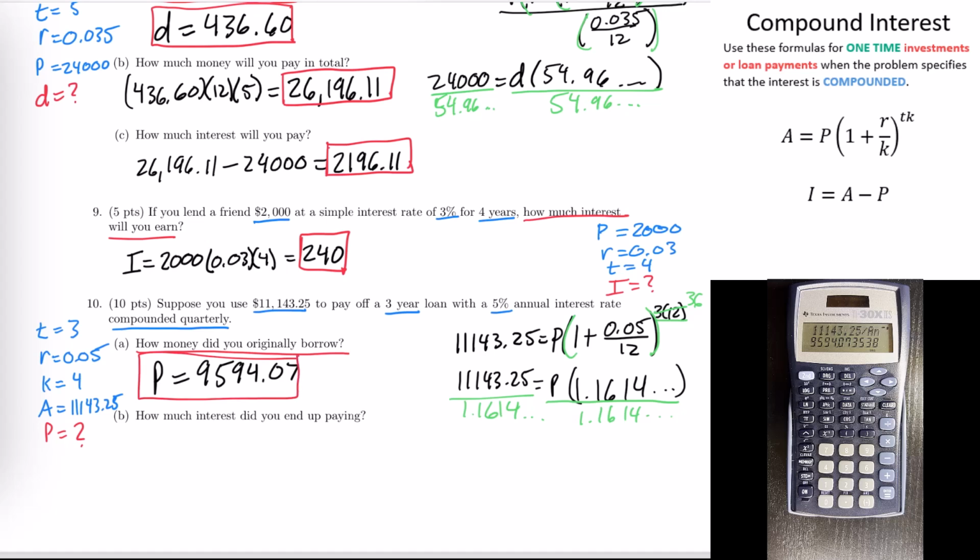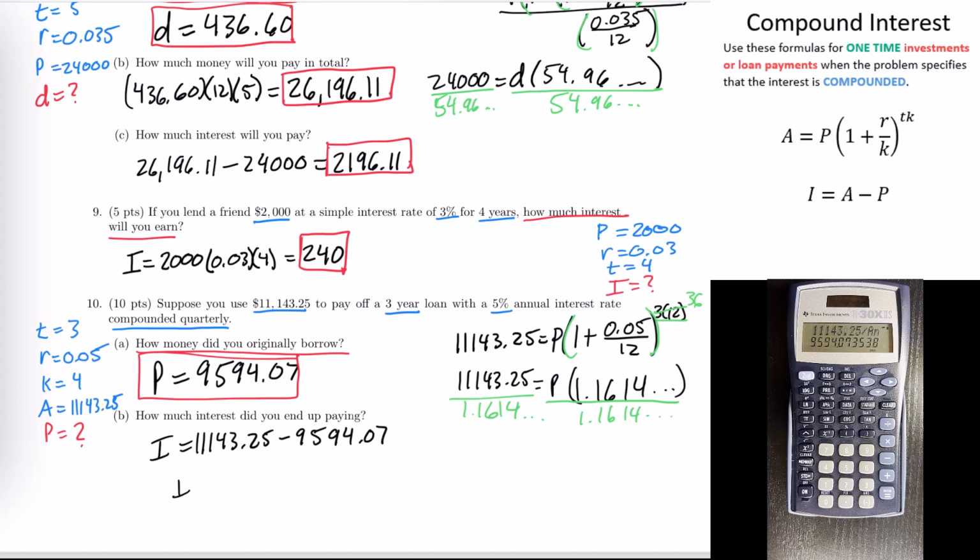And then the interest that I end up paying, I can calculate with my second equation. So interest is going to equal A, which was the $11,143 number. And then I'm going to subtract P, which is the number I just found.